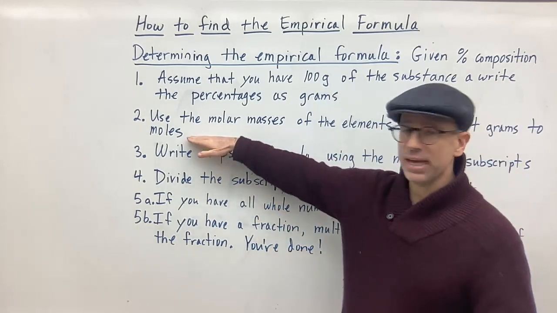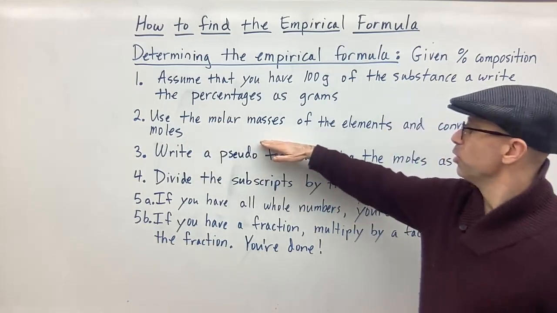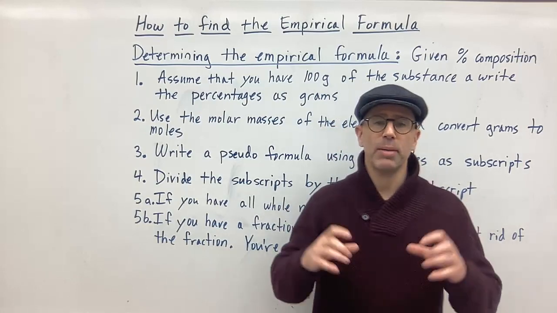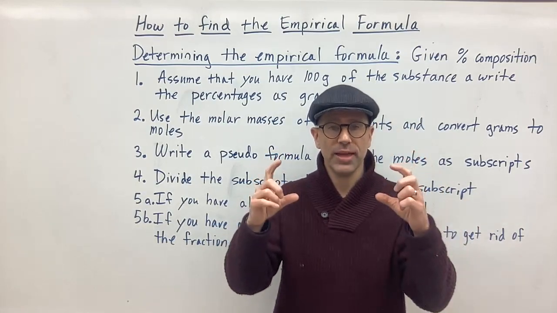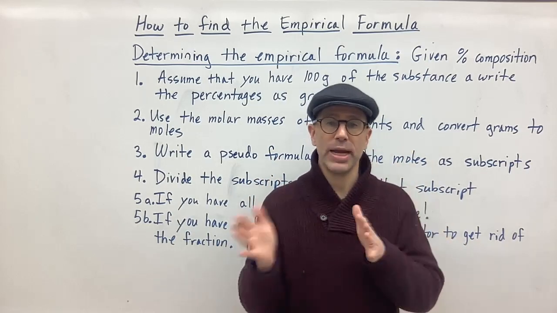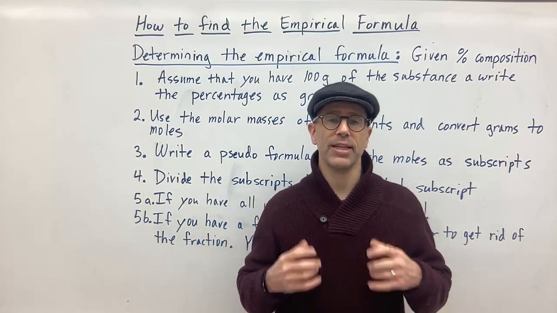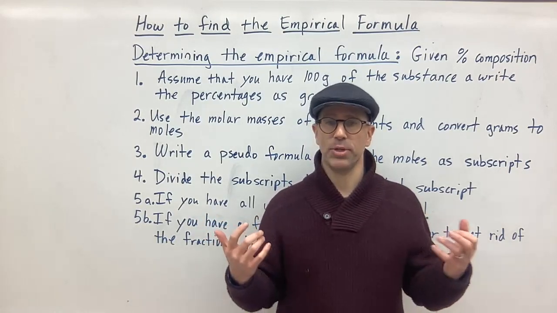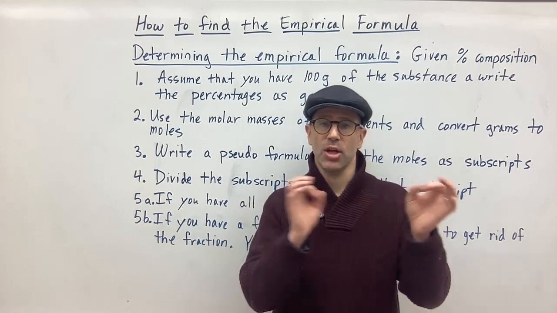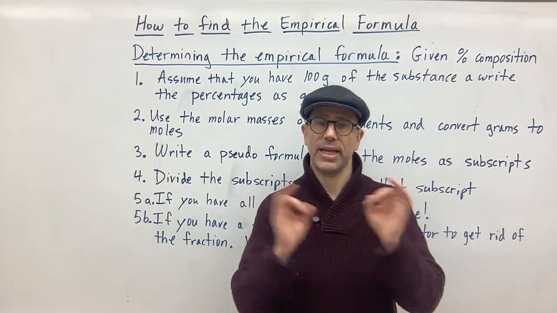Second step, now that you have grams, you can use the molar masses to convert to moles. Why do I want to convert to moles? Remember that in the formula of a substance, the subscripts are molar ratios, not gram ratios. So if you're going to find the empirical formula or any formula for a substance, you need a mole ratio so that you can compare the moles of the different elements and get a ratio from that.